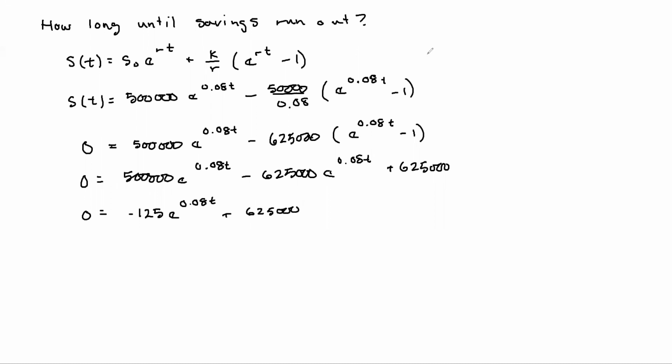Oops, that should be a minus 125,000, not minus 125. And we could combine this. We get 125,000 e to the 0.08t equals 625,000. And then you can divide.